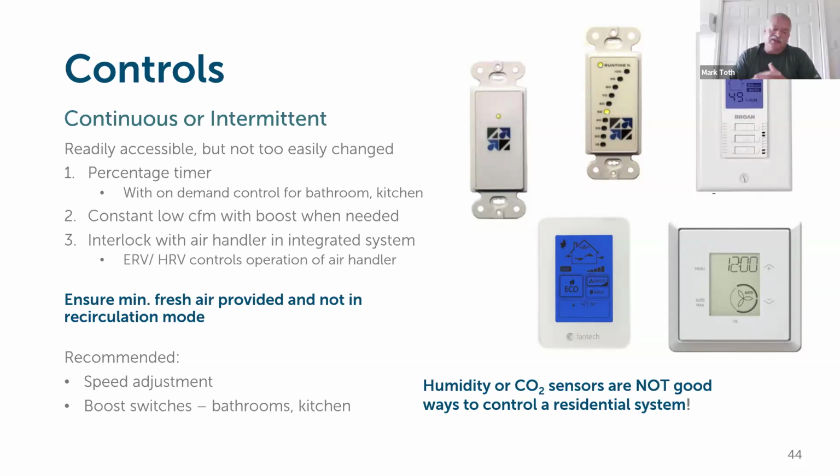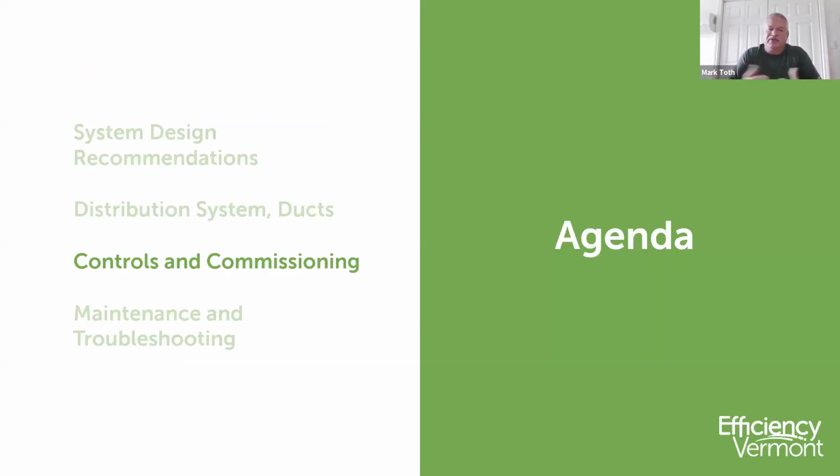Motion sensors are great too, but people will say, I want one in the bathroom. Well, my problem with that is that if you don't go in the bathroom, it doesn't come on, right? Or you could boost it with that, but if I just run downstairs right now, run in the bathroom, get a Kleenex and run back out, I hit the motion sensor, and it's going to run for 20 minutes. So it's not a great application.